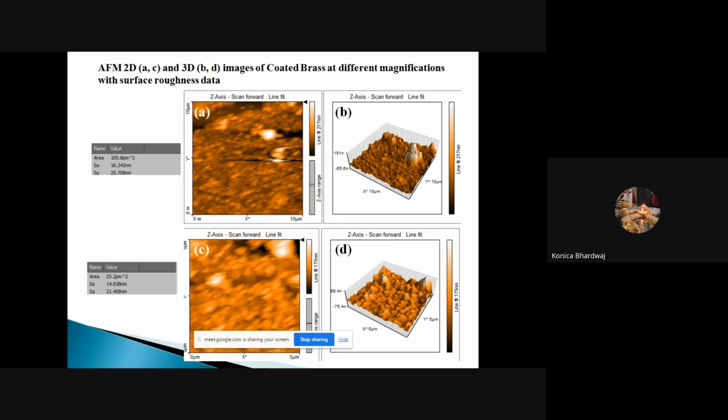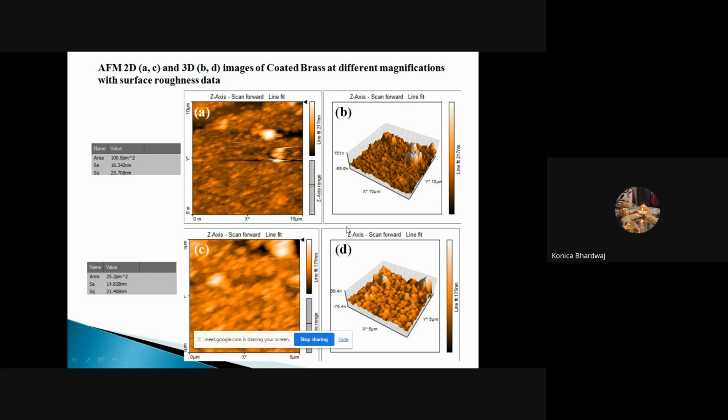And then coming towards the AFM structure, because we need to measure the roughness of the surface to see the increase in roughness for coated brass. These are the parameters we have achieved, like the average roughness and RMS roughness near about 25 nanometer for brass.